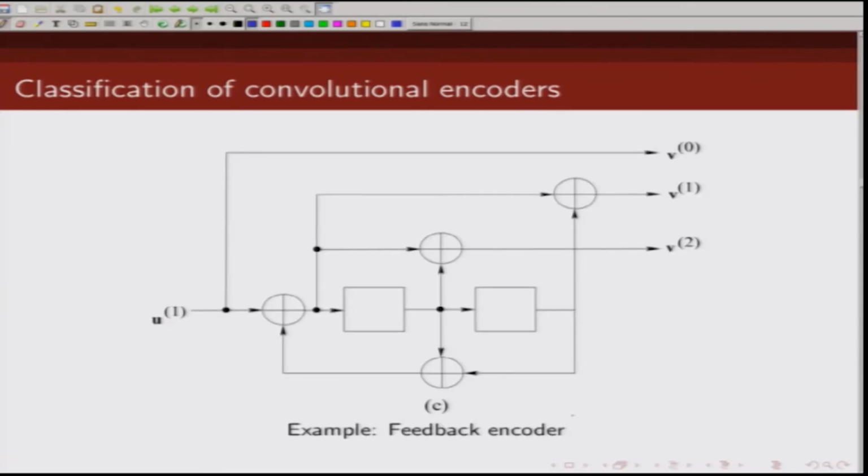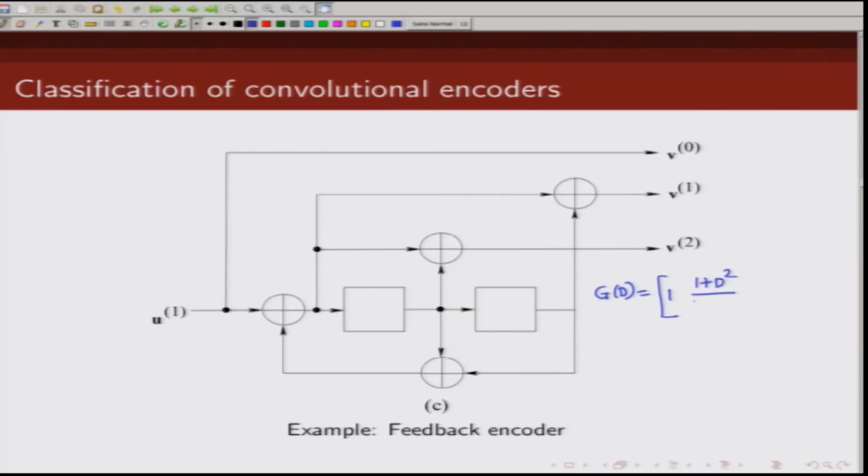This is another example of a feedback encoder. So, there is one input and there are three outputs. We can write down the generator matrix G(D). The first output is nothing but the information bits, so that is 1. Now, what are the feed forward terms in V1? So, V1 depends on this bit and this bit. So, this is 1 plus D square, and what is the denominator term?